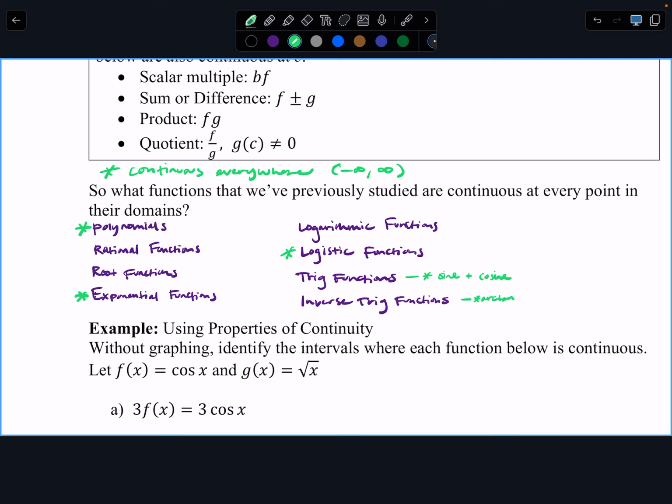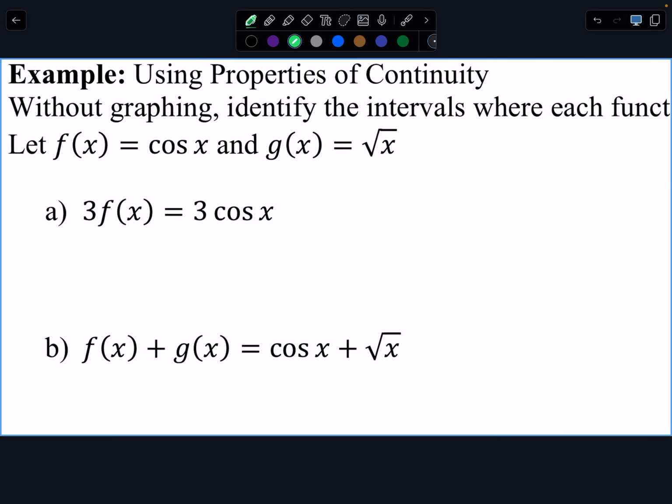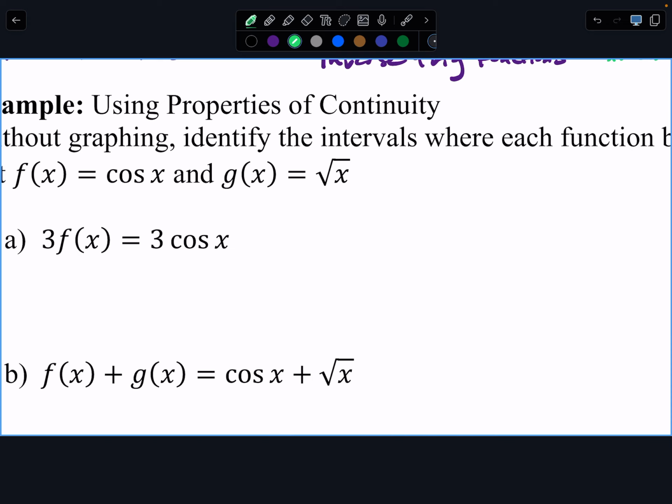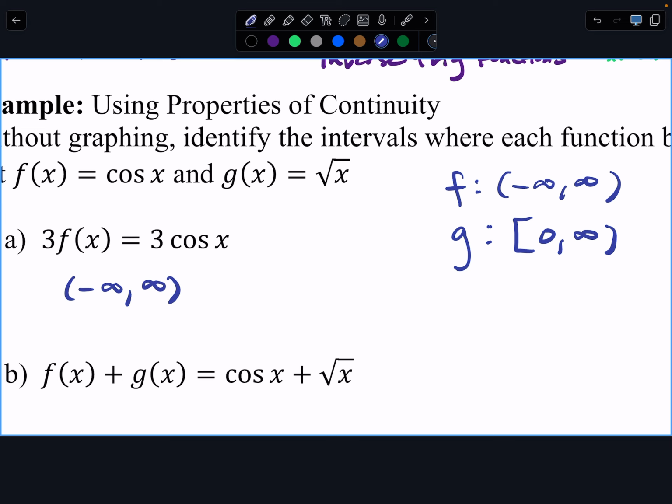So if we were thinking about having these two functions, f, cosine, would be continuous over all real numbers. g of x would be continuous over its domain, which would be from 0 to infinity. I know I'm going through this pretty quickly. I want to get to one more type of problem. So 3 times cosine x would be continuous over all real numbers.